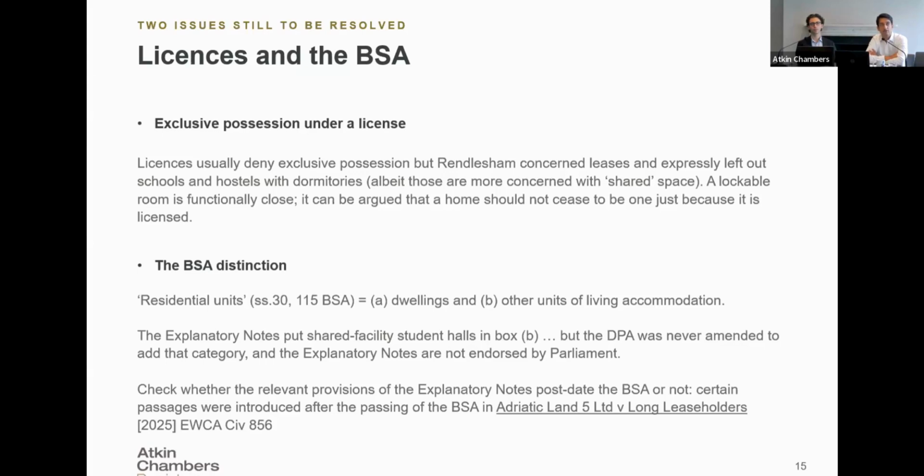And also, as the Court of Appeal held last year, in the case of Adriatic, certain provisions of the explanatory notes actually postdated the Act. And so one could say, why should those influence the interpretation of Section 1 of the DPA when they themselves postdate the introduction of the provisions of the Act? So it should be checked whether the relevant explanatory notes actually postdate the BSA or not.